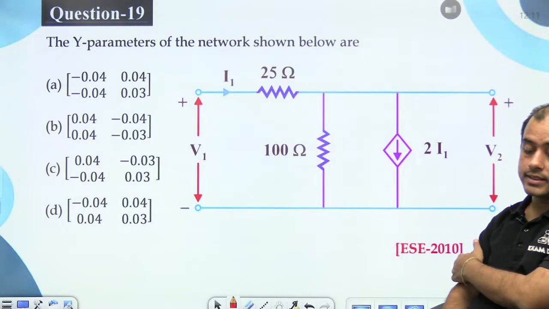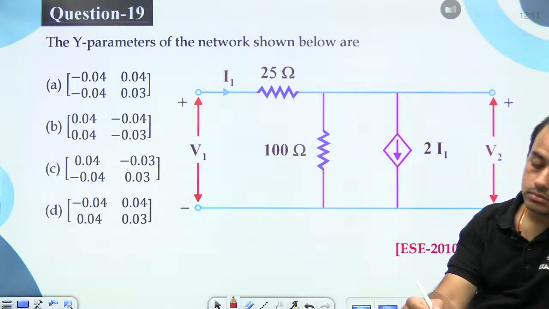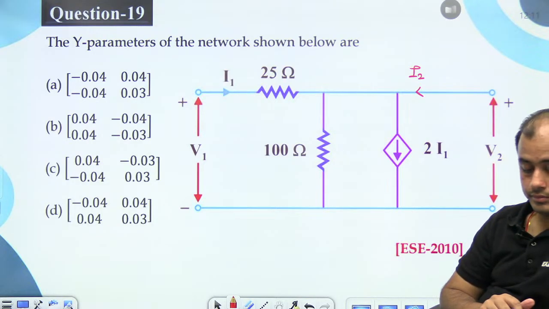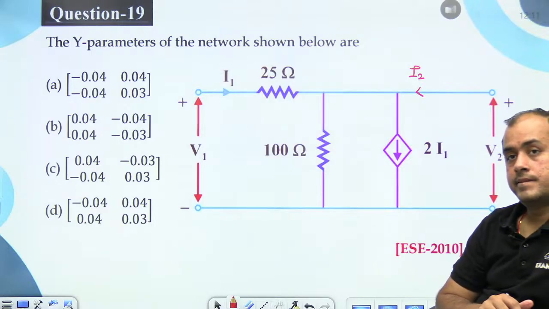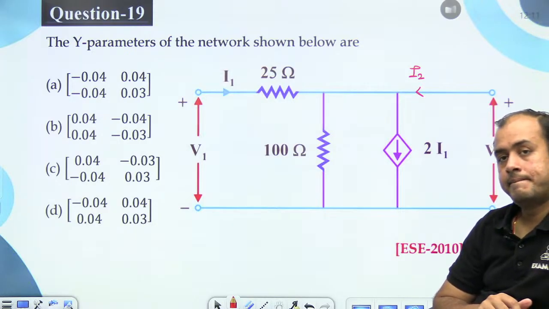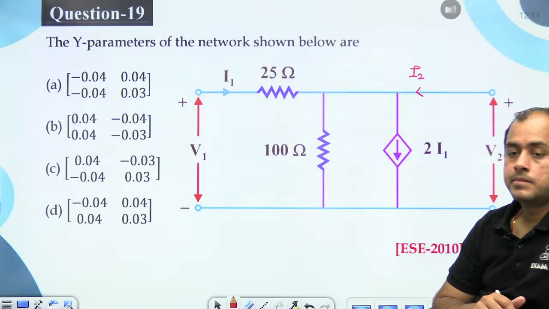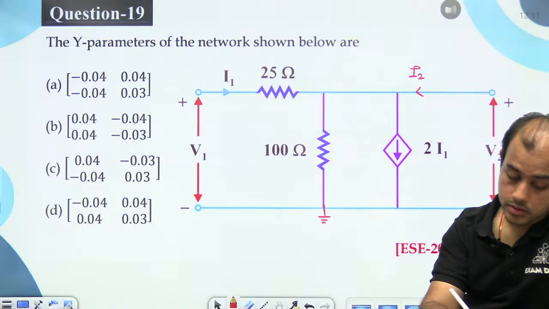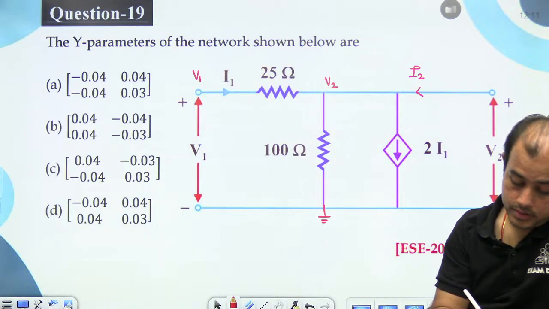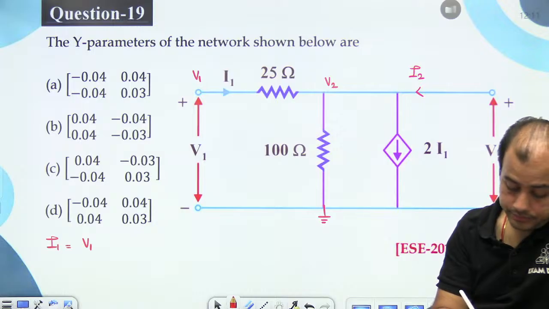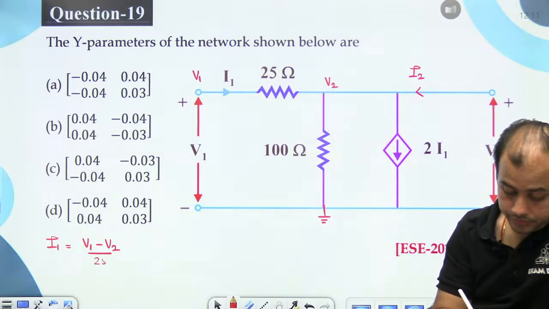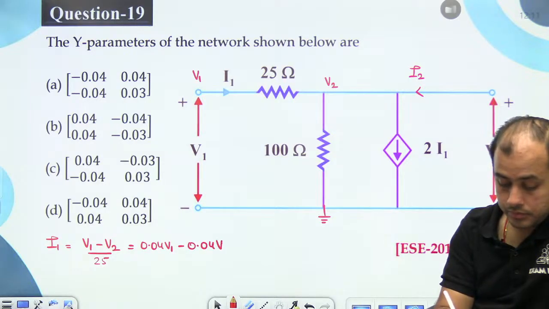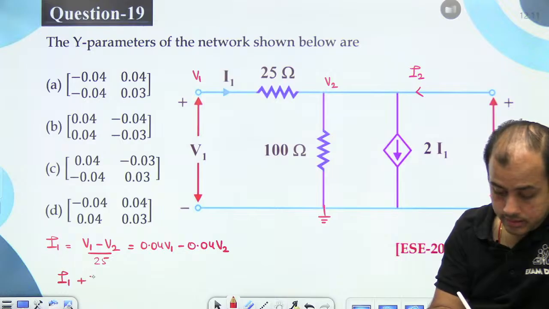Y parameters of this network. See, V1, V2, so I1 is... now apply KCL.